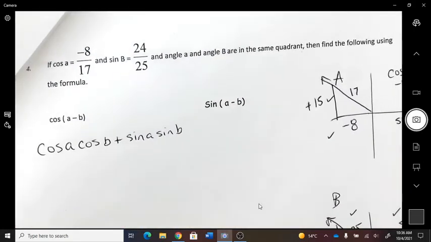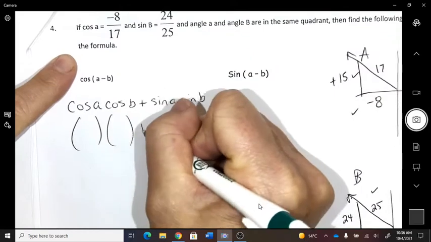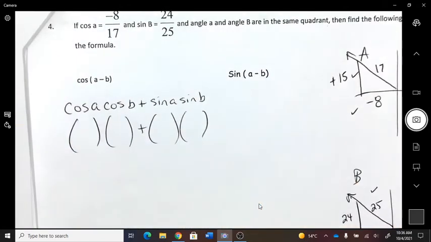So I found myself a formula. I like to do that, organize my info. I'm going to replace each thing.